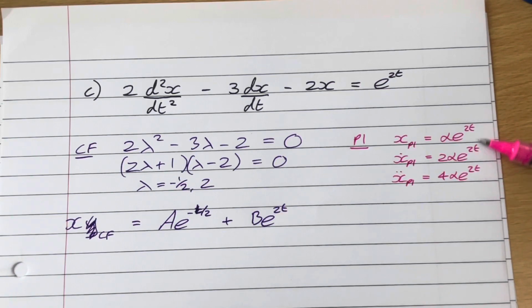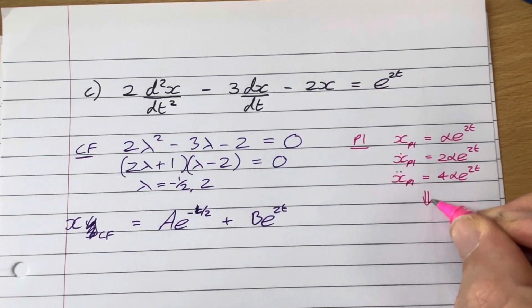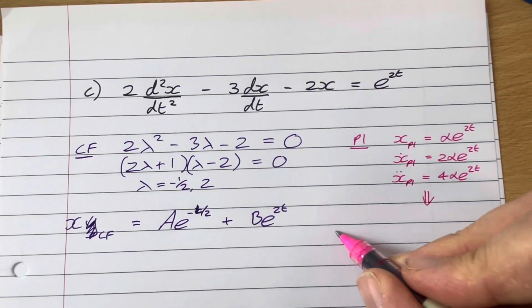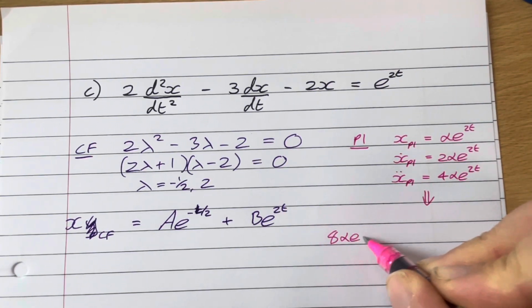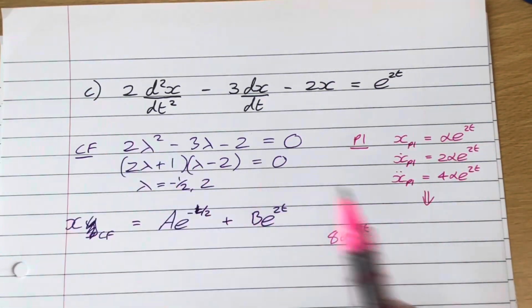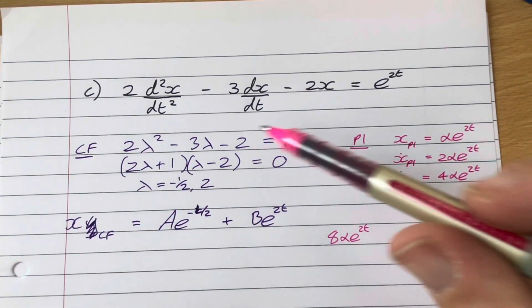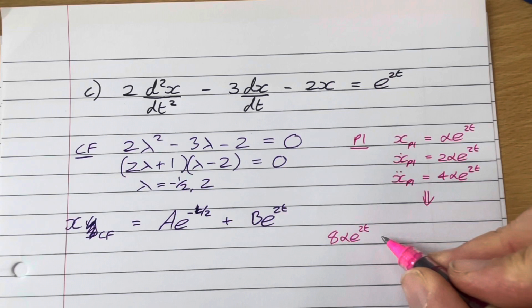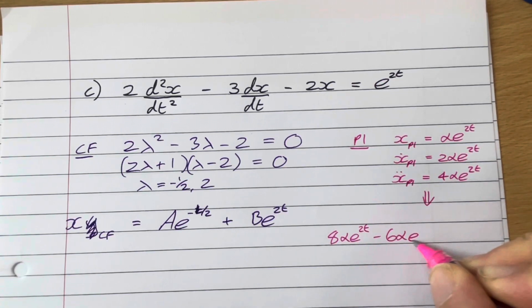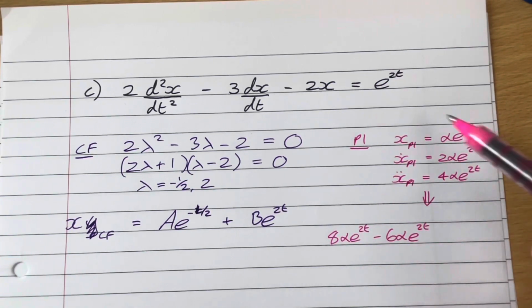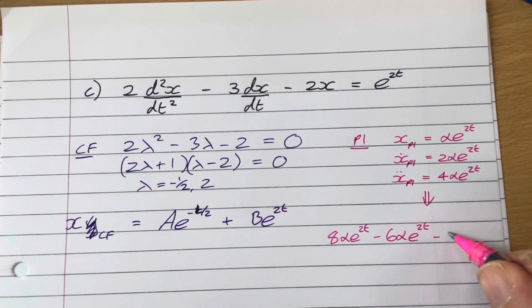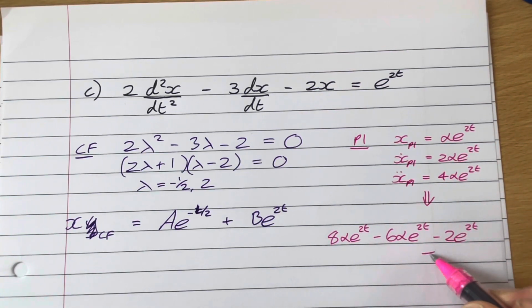All right, take these three definitions and run them through the differential equation. That's going to give me 8 alpha e to the 2t, because I've got 2 of my second derivative, minus 3 of my first derivative, so it's going to be minus 6 alpha e to the 2t, and then I've got minus 2 of my function, that's minus 2 alpha e to the 2t, and I want this to be identical to e to the 2t.